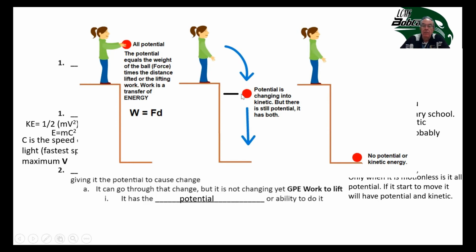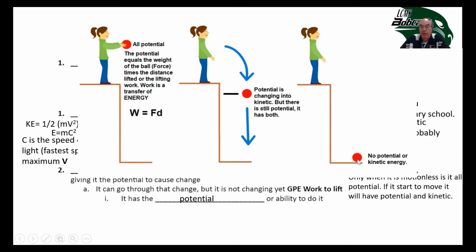When she drops the ball, and this is what I want you to think about, it took potential energy to raise it to the point where it is now. Even though it's falling, it still has this potential energy to drop the rest of the way to the floor, but it's also moving. Okay. When it gets down to the floor, there's no potential or kinetic energy because it stops. So in this example, we would say all the energy has been removed from the ball.